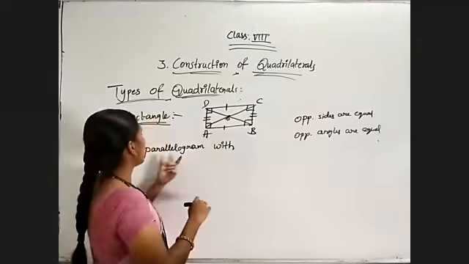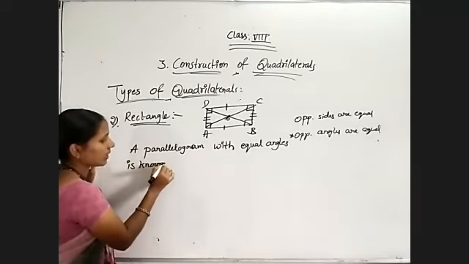This is the only difference between a parallelogram and a rectangle. Sides are not differing. In the case of angles only, it differs. So highlight that: a parallelogram with equal angles is known as a rectangle.